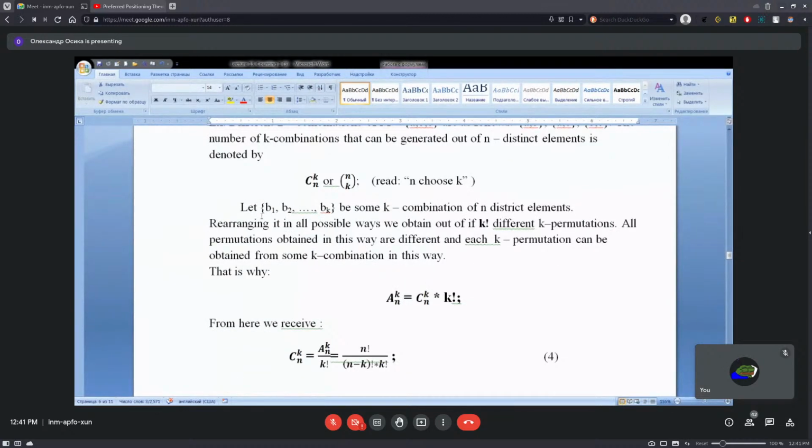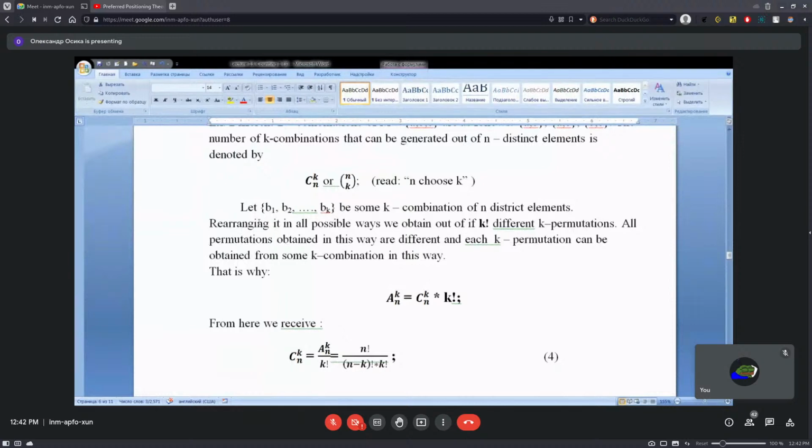Let B1, B2, Bk, and you see curly braces, that's why unordered sequence. We don't care if it is B2, B1 or B1, B2, it is still the same unordered subset with some K combination of n distinct elements.